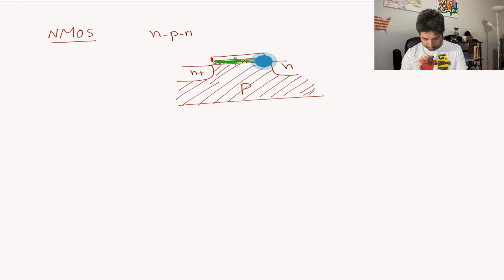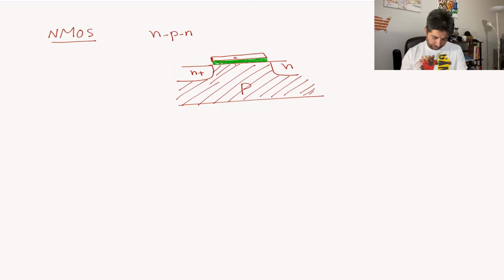This is silicon dioxide. It's a dielectric, and with that dielectric we make a capacitor here, which we looked into in detail in one of the previous episodes. This N plus material is green.